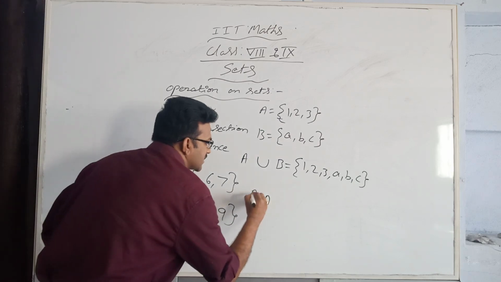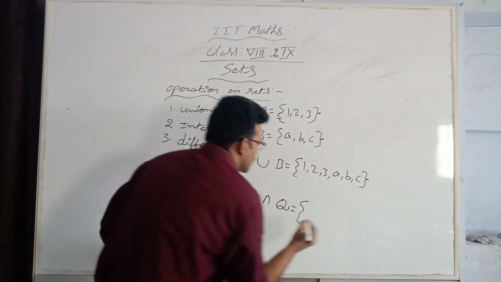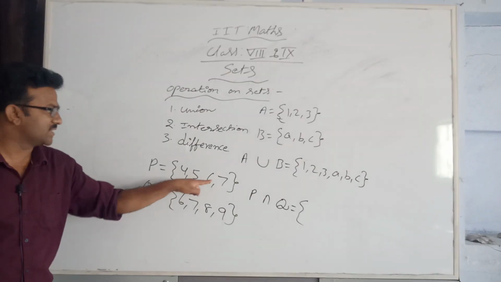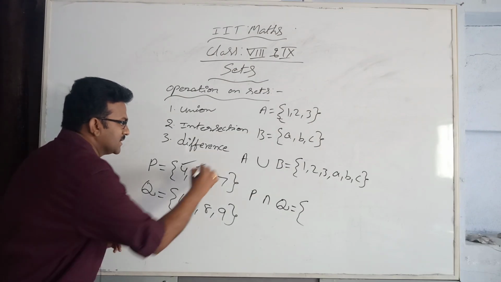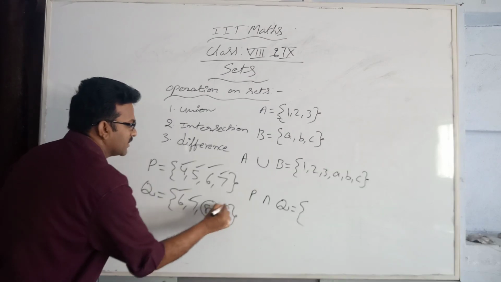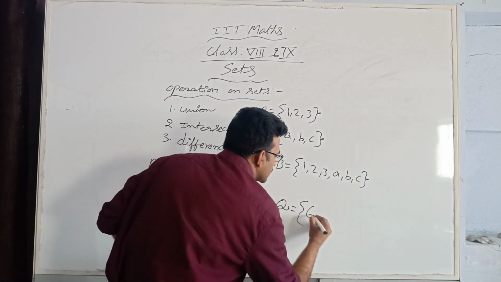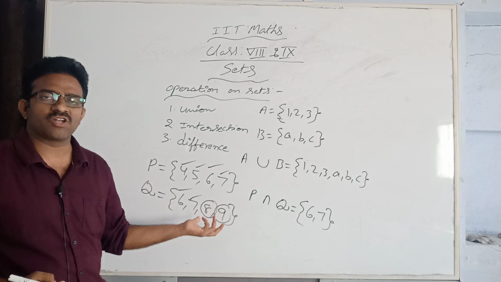So P intersection Q is equal to set, what are the common elements in P and Q? 6 and 7. Here 4 is not available, 5 is not available, 6 is here and here, 7 is here and here. 8 is not there and 9 also not there. So common elements 6, 7. So this is the intersection operation.